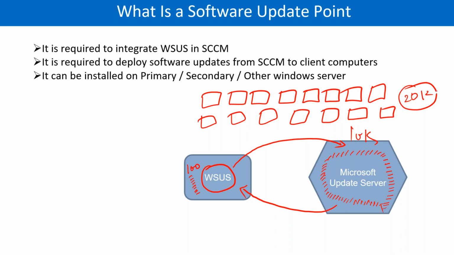Now WSUS is going to scan these machines against these 100 updates. After scanning, it is going to get the scan report and save it in the database. WSUS also has a separate database.